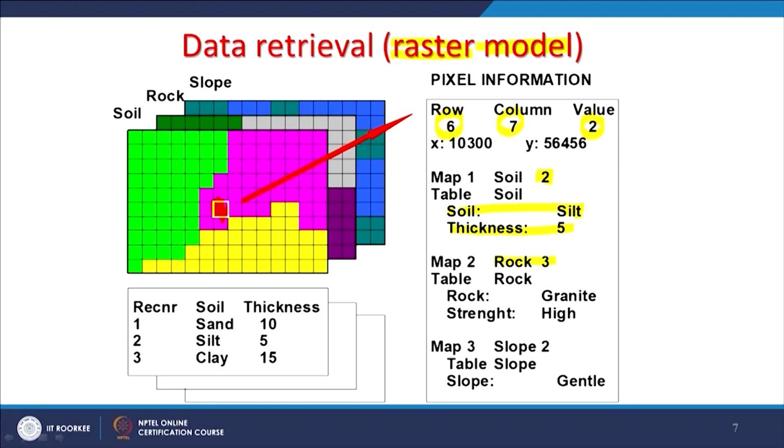Same with the rock layer, we are getting the rock information also, and similarly from the slope map we are getting the slope information. So if I just select one cell, where what is at, then I get the information, and that is a very simple way of data retrieval.